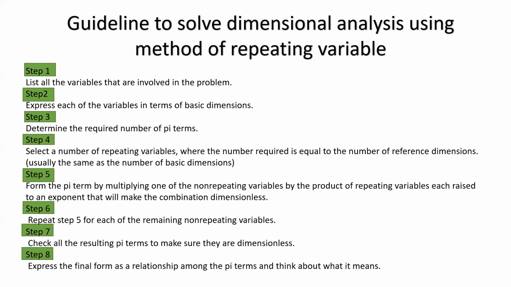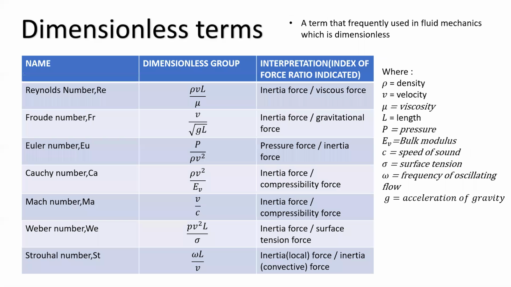Let's say we have many non-repeating variables, so we have to repeat it until all the non-repeating variables are finished. The second last step is we need to check all the resulting pi terms to make sure that they are dimensionless. The last step is we need to express the final form as a relationship among the pi terms.